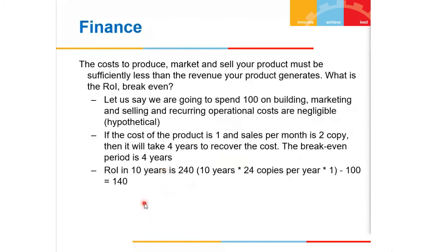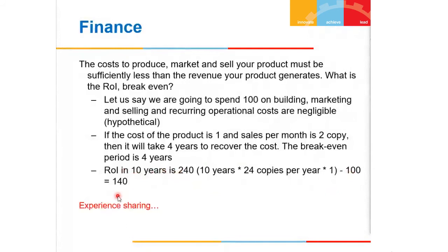And the return on investment in 10 years, if you keep selling the product for 10 years, is 240 minus 100. 240 is the revenue you will get in 10 years, and 100 is the cost, assuming there's no recurring cost, which is very, very hypothetical, but just for the sake of argument. So 240 is the revenue, 100 is the cost, and the return on investment is 140.